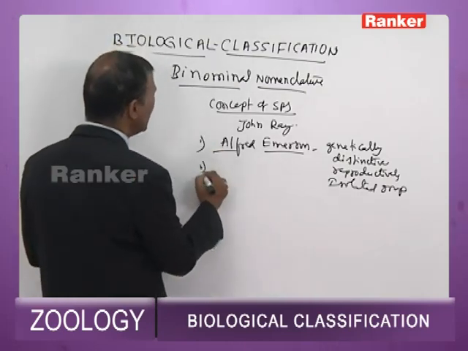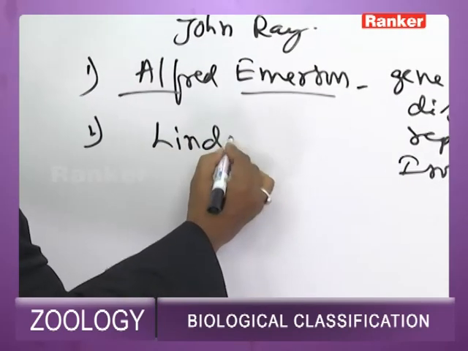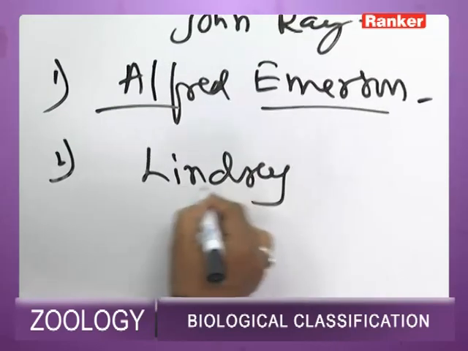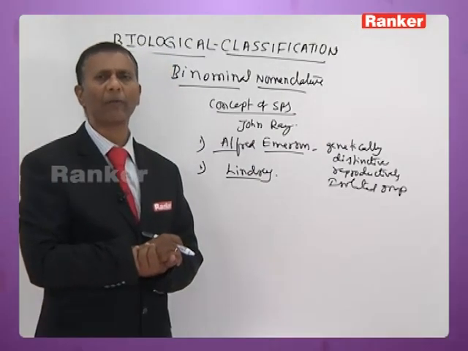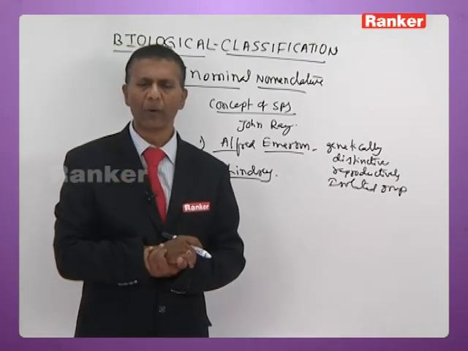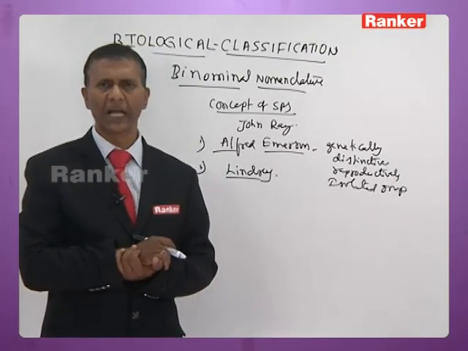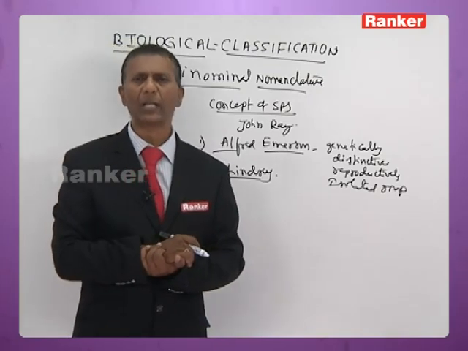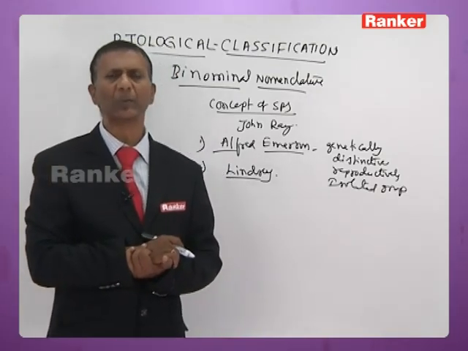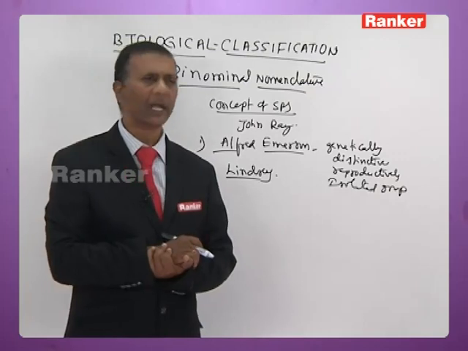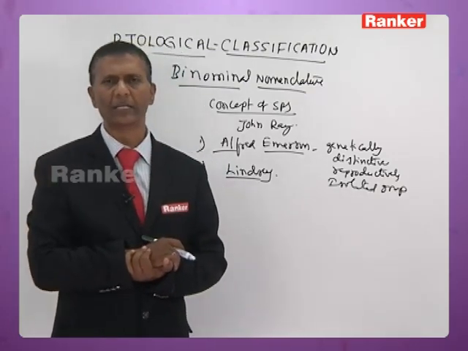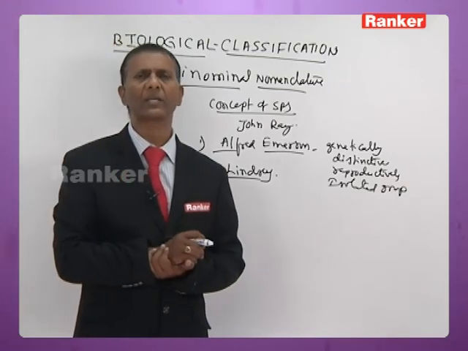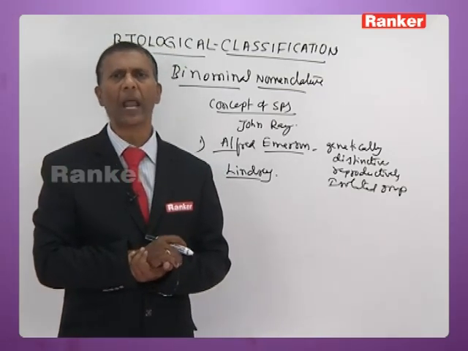Then according to Lindsay, species is an aggregation of a group of organisms which exhibit more or less similar morphological characteristics and are reproductively isolated from all the other species. I shall repeat once again. According to Lindsay, species is an aggregation of organisms with slight morphological variations but with a common ancestry.